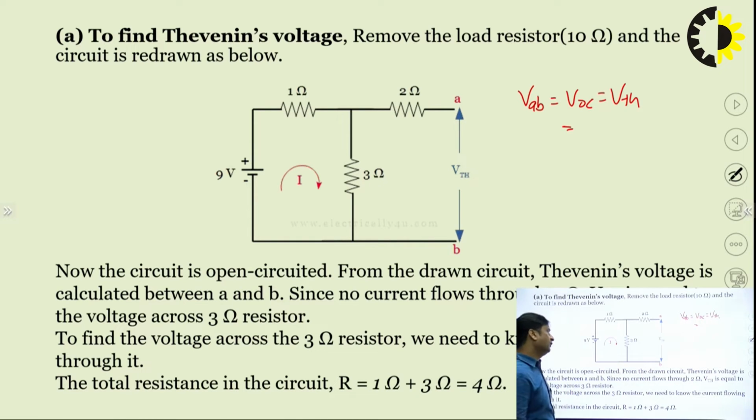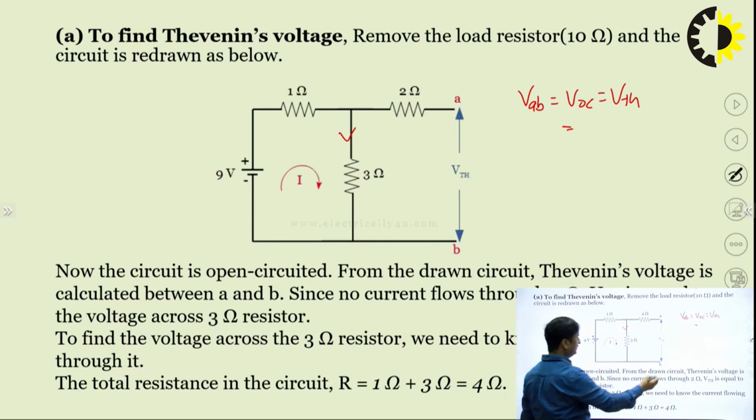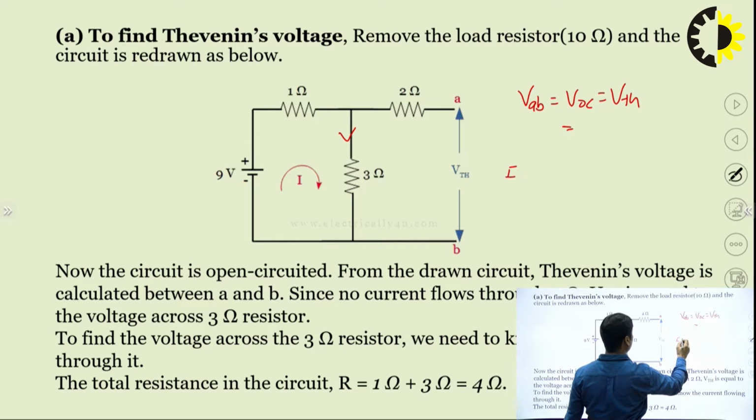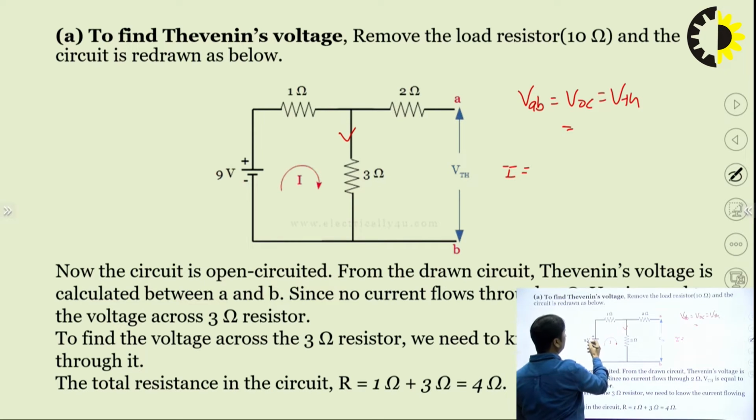This can be determined by finding the value of current through this branch, by simple calculation. Since this branch is open circuited, the current I must be equal to the voltage, which is 9, divided by the resistance, which is 4, since 1 plus 3 in series is 4.